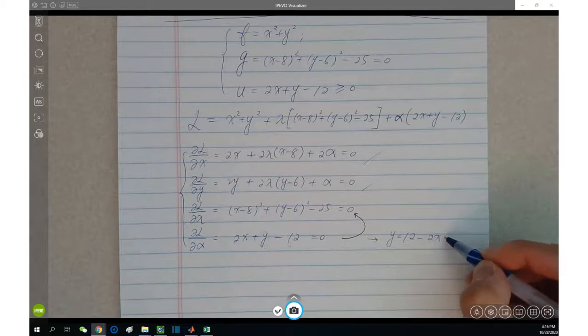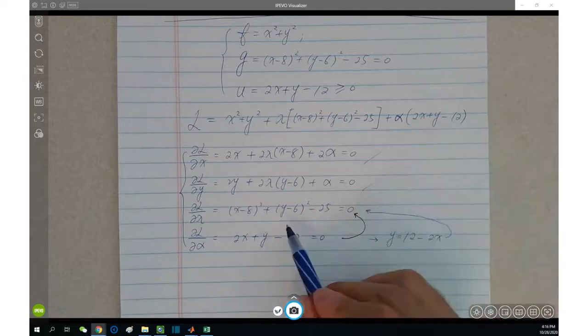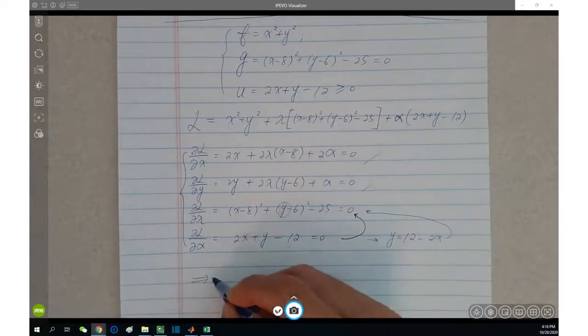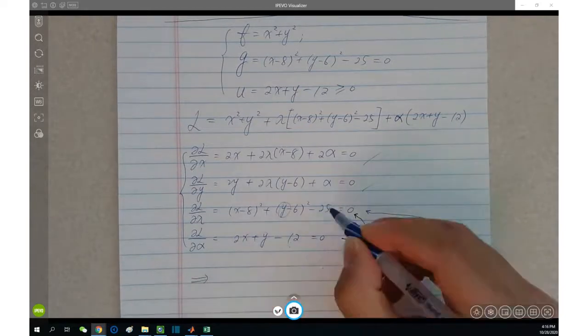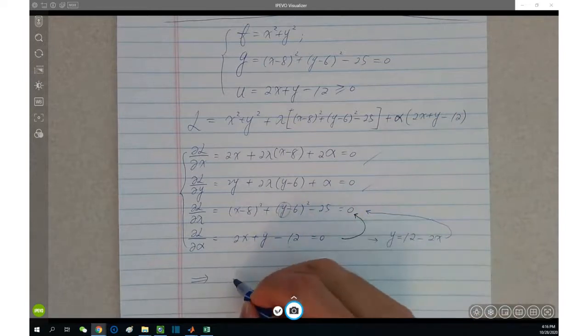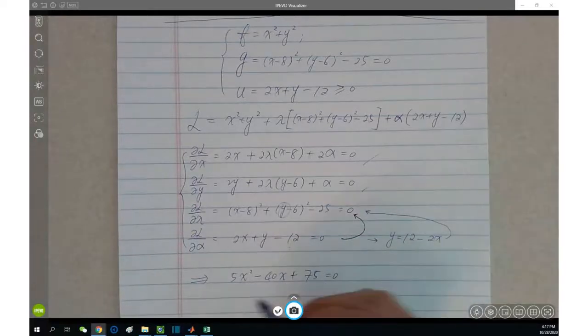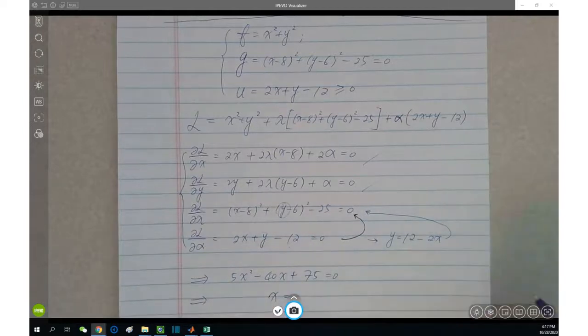Then substitute y here with this. If you conduct this calculation using only the last two equations, you should end up with this. And then from here, you get the x value, a quadratic equation.